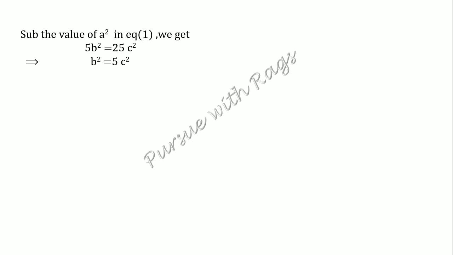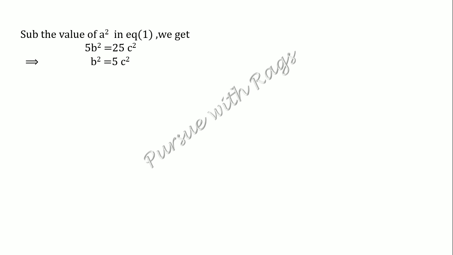On applying, we will get 5B square is equal to 25C square. Now, this 5 and 25 can be cancelled. When you take the 5 to the RHS, 25 divided by 5 gives 5. So B square will be equal to 5C square.